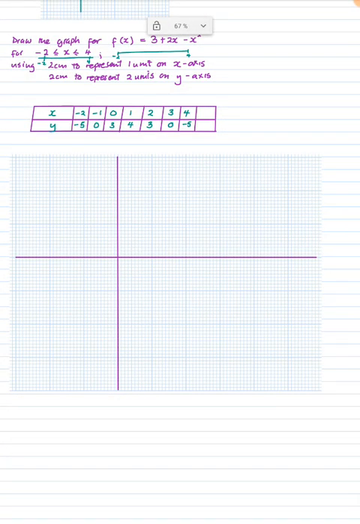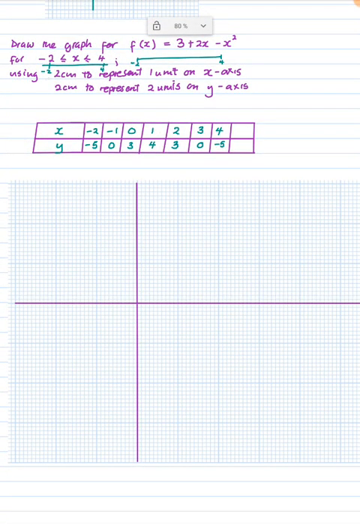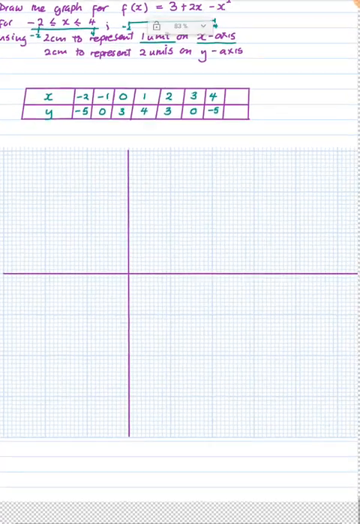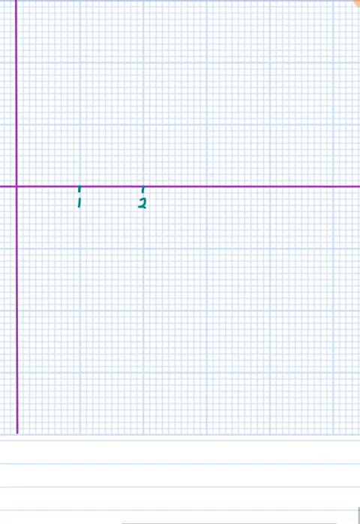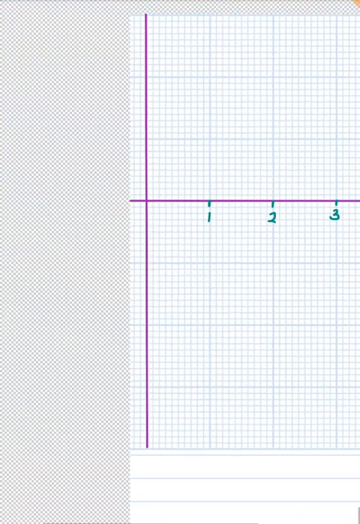Then after that we are told to use 2 centimeters to represent 1 unit on the x-axis, right? So 1 unit is represented by 2 centimeters. So here we have 1, then 2, then 3, and then 4, and we stop there. Then we go here, that is our 0, that's for both.